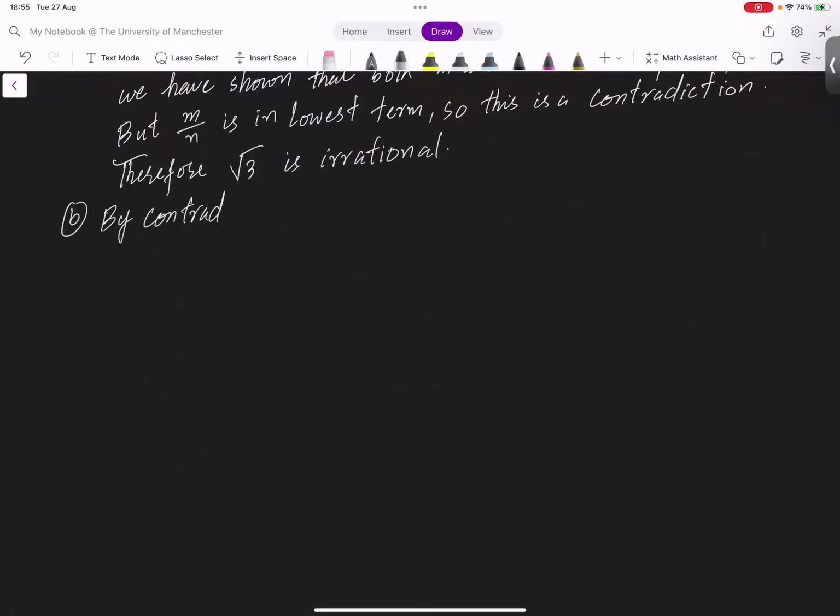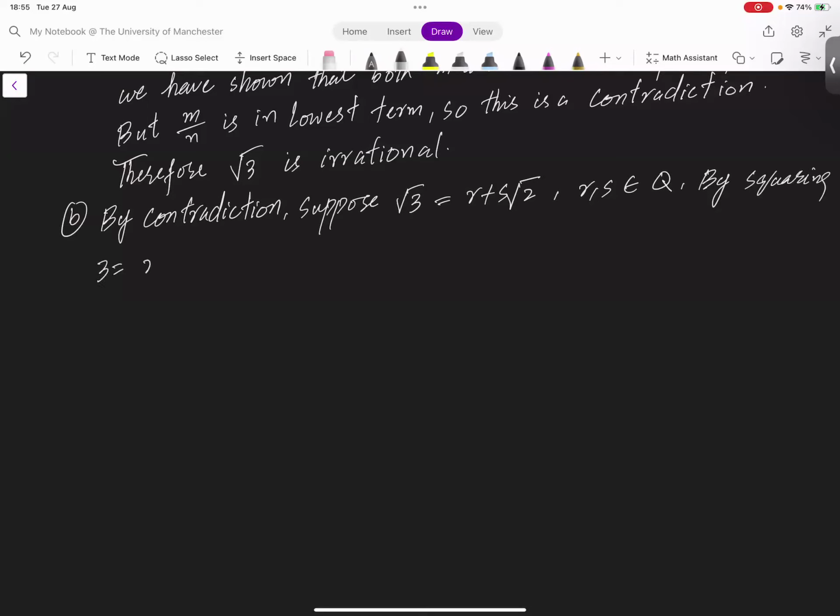By contradiction, suppose under root 3 can be written as r plus s into under root 2 with r comma s from rationals, and by squaring we get 3 is r square plus 2 s square plus 2 rs under root 2.